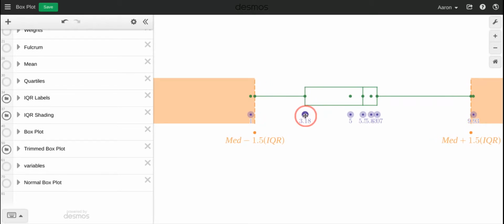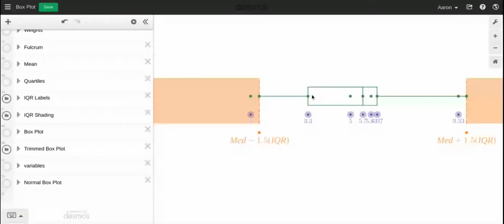I can actually get to a point where one of them, just barely, is within the data set, but the other one is not. This allows students to have a dynamic exploration of really understanding when you get to an outlier versus a data point that's within the set.